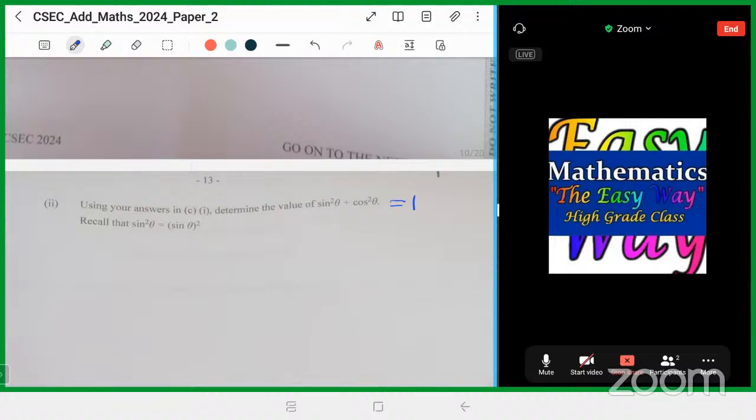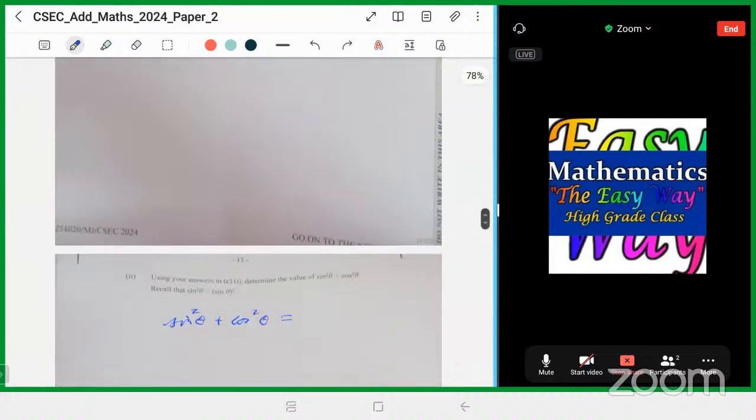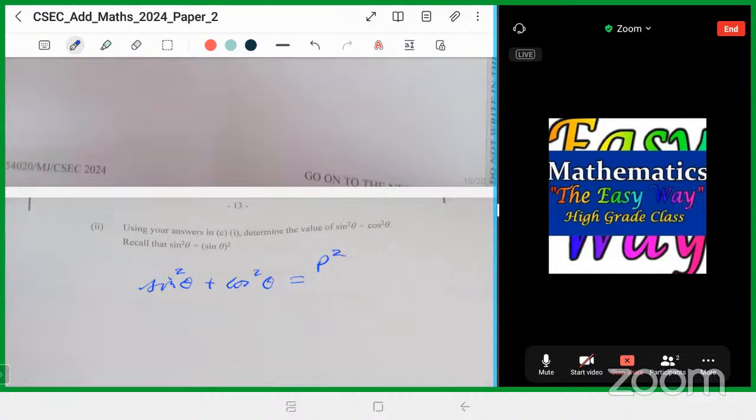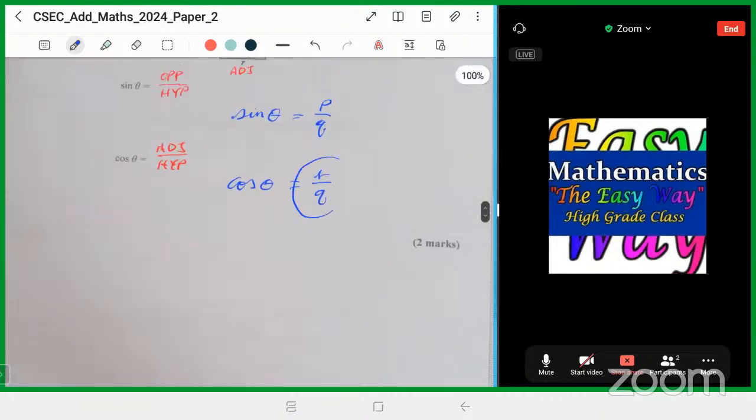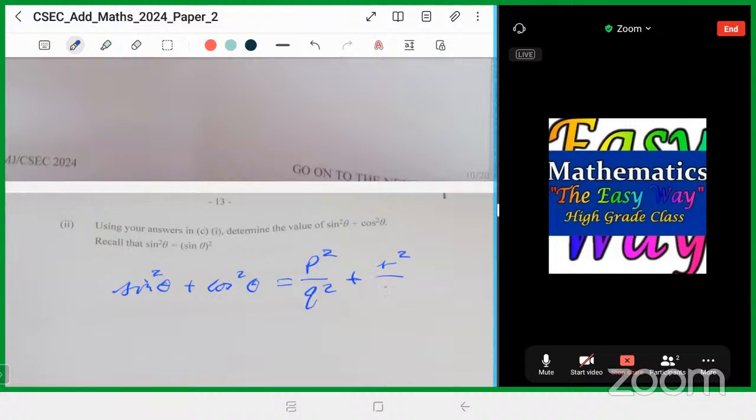Recall that sine squared theta plus cos squared theta is this expression. But using your answer, determine the value. So sine squared theta plus cos squared theta becomes, now the sine squared means we are squaring P over Q, so it becomes P squared over Q squared, plus R over Q squared, which becomes R squared over Q squared.